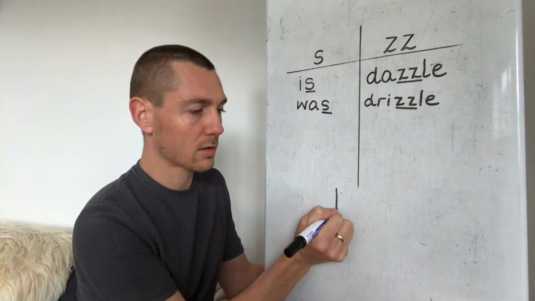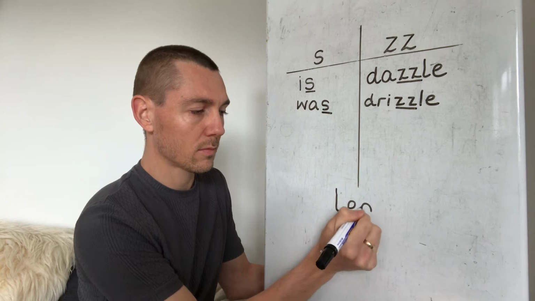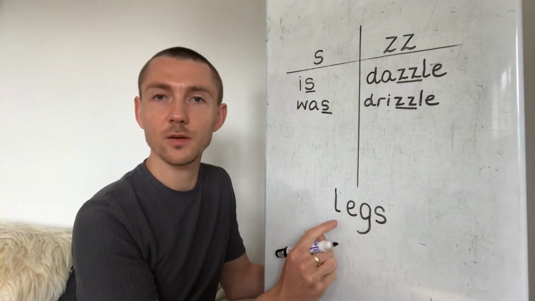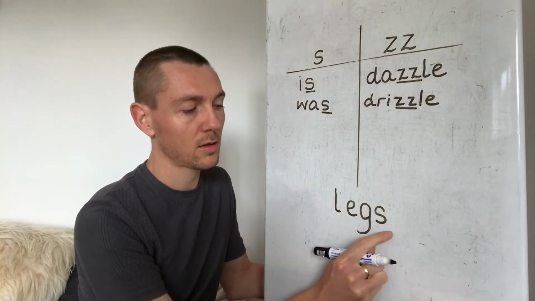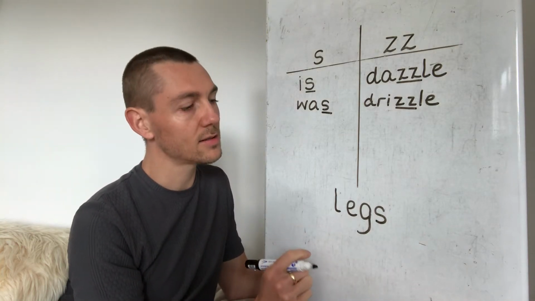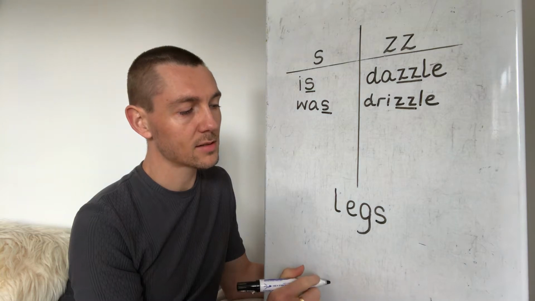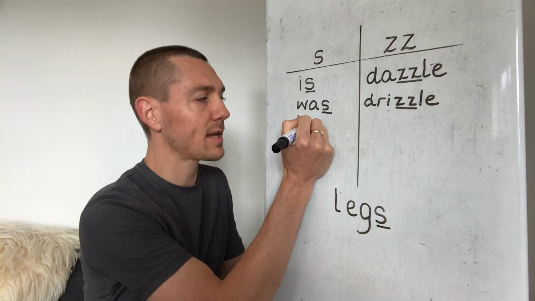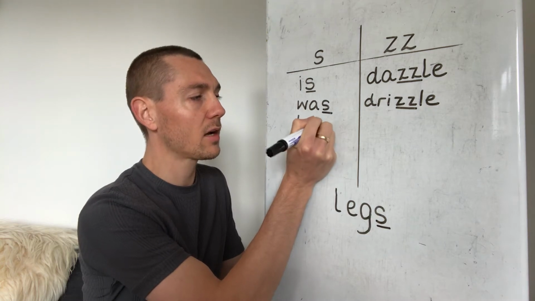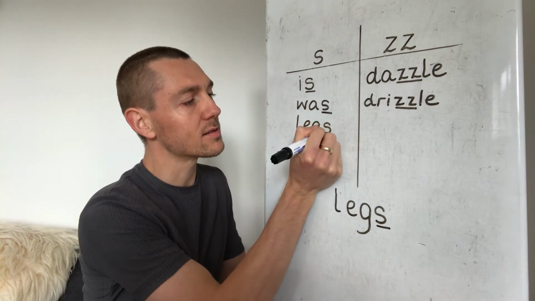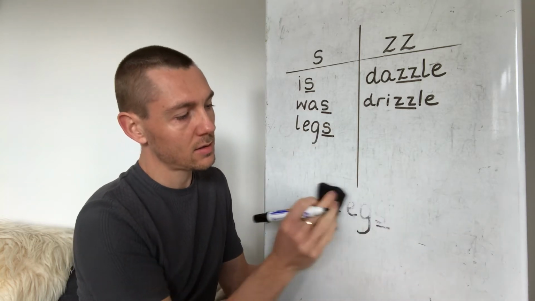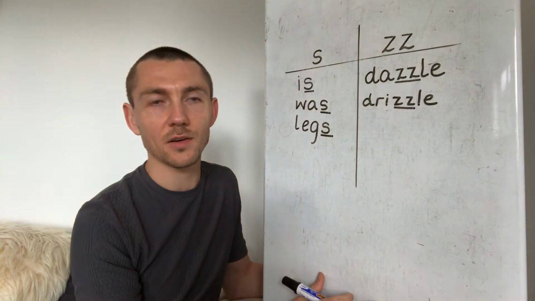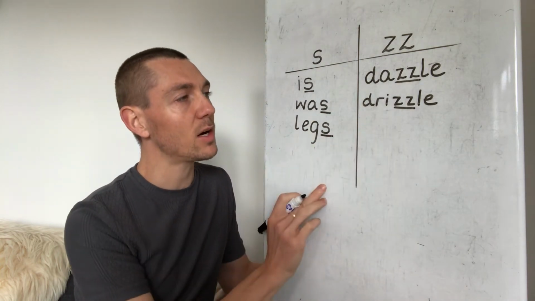Okay. One, 2, 3. Legs. Legs. Okay, we've got the S spelling of Z, and we say L, E, G, Z. Now what do you notice about where the different spellings of that Z sound occur in the word?